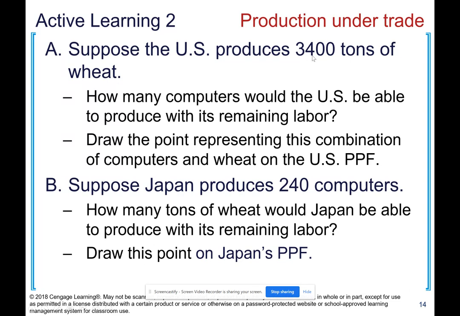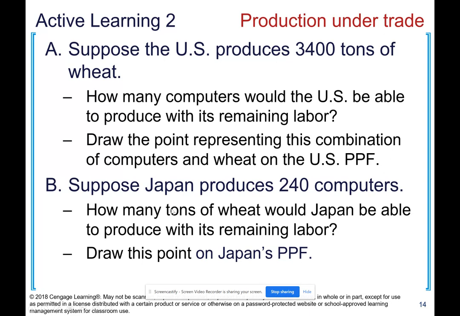That would be 34,000 hours. That is 3,400 times 10. Remember, it takes 10 hours to produce a ton of wheat in the United States. So the US uses 34,000 hours to produce wheat. The remaining hours will be used to produce computers.